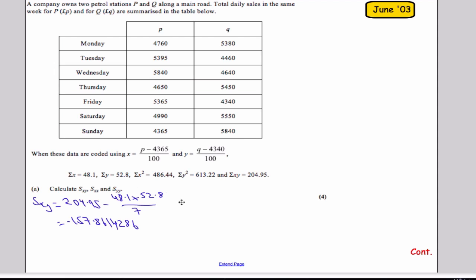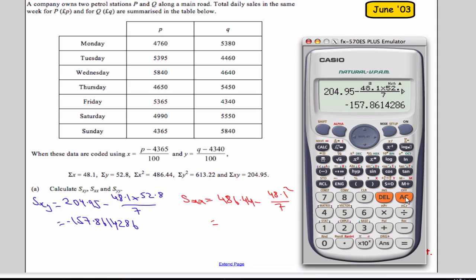SXX. SXX is going to equal sum of X squared, which is 486.44, minus the sum of X, all squared, 48.1 squared, all over 7. Let's plug this into the calculator.